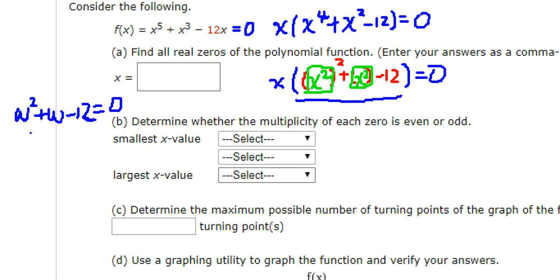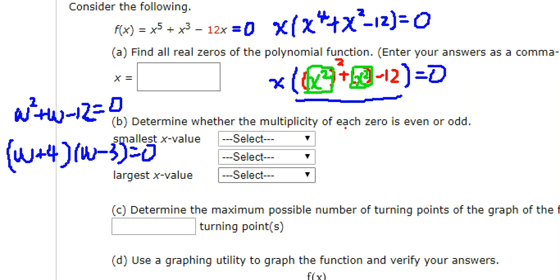Now I know that you might be able to just factor this. This should be something that you already learned. So it's going to be w plus 4 times w minus 3 equals 0. You can check my answer. So now that's basically the factor of this particular one.